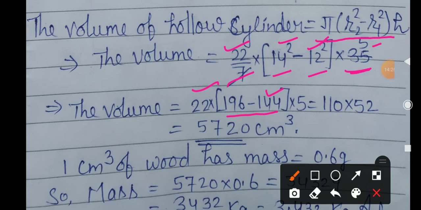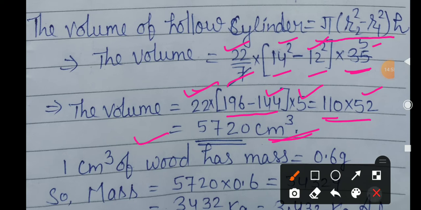Then you have to multiply 22 with 5, and then you get 110 into, you have to subtract 196 minus 144, then you get 52, and then you multiply these things and get the volume of the hollow cylinder. That value is 5720 centimeter cube, because the volume is in cube units. Okay, now you get the volume of the hollow cylinder.